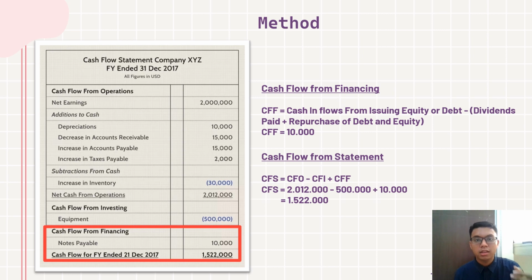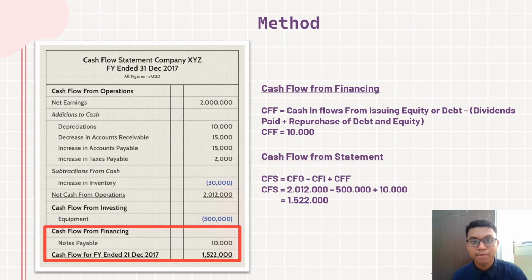To calculate cash flow from financing activities, add your dividends paid to the repurchase of debt and issuing of equity or debt. Cash flow from financing equals cash inflows from issuing equity or debt minus dividends paid plus repurchase of debt and equity.